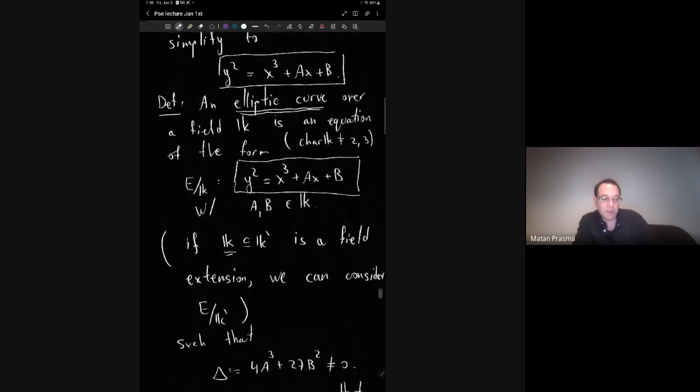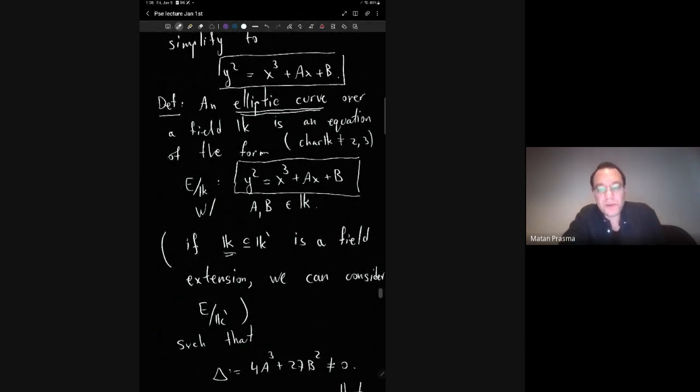And this covers the vast majority of cryptographic applications. Typically, in cryptography, we take an elliptic curve defined over Fp, where p is a very large prime, let's say 200 digits or something like that. So it is very safe to assume that the characteristic is not 2 or 3.